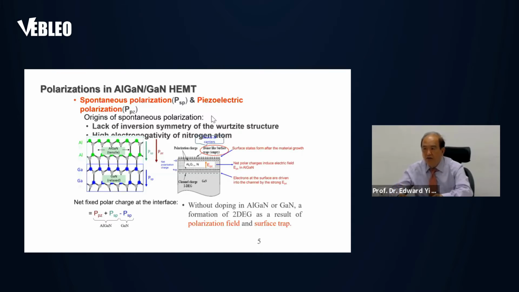And also the material is without doping, because most semiconductors need doping, but this material doesn't need doping because the surface traps form donor states, and the donor states give a large number of electrons, and the electrons are driven by the polarization to the 2DEG. Okay.